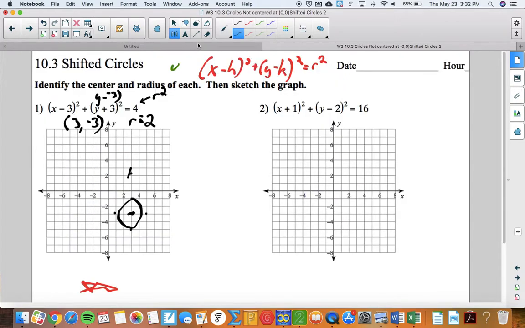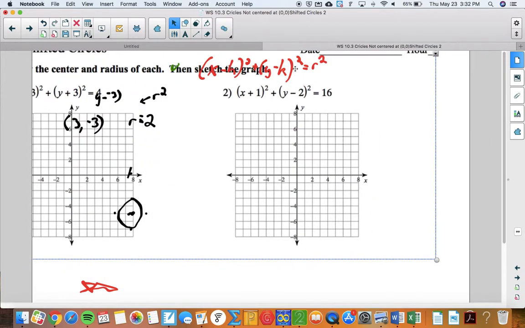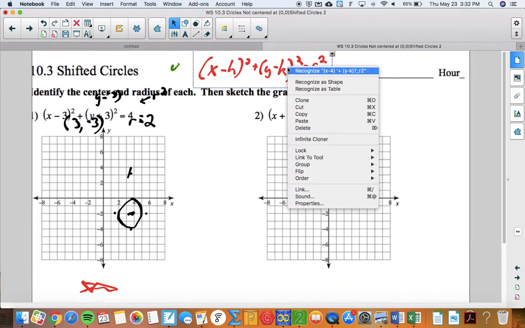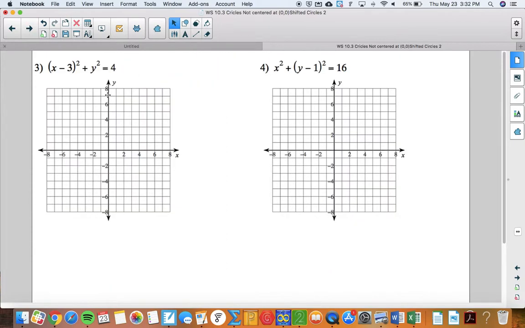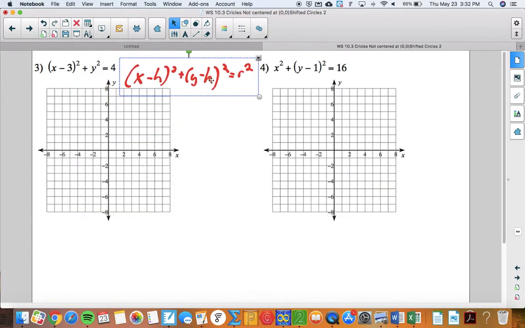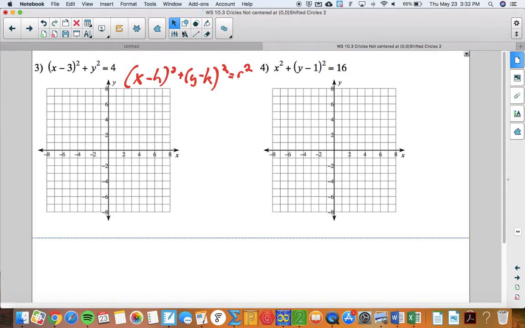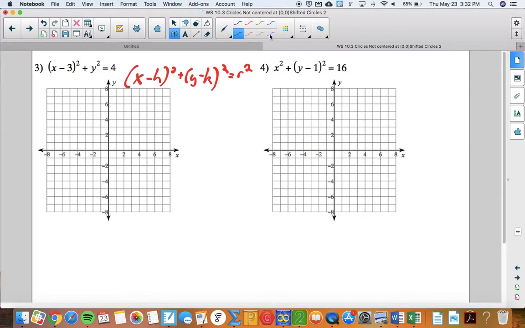I'll grab this shifted function and use that again, as messy as it is. So what are we subtracting off from the x? It's a 3. And what are we subtracting off from the y?